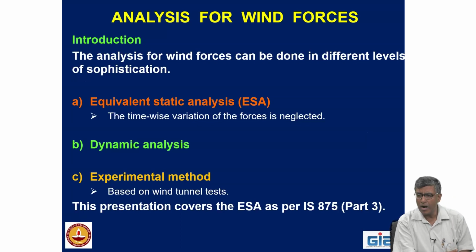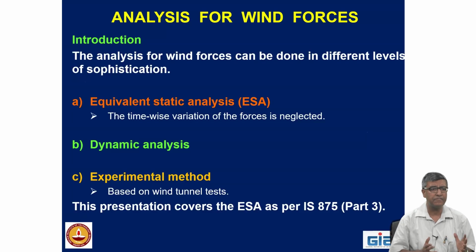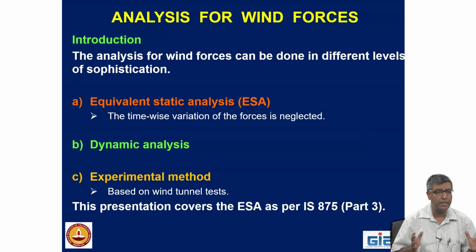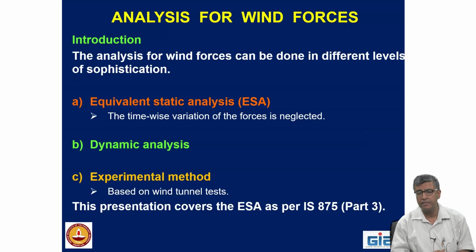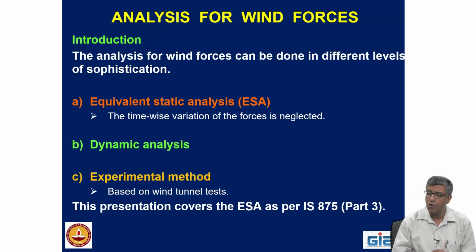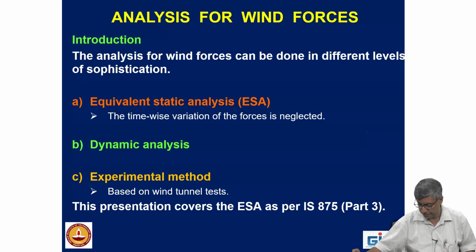And if you want to understand the interference effects of different buildings, whenever there's a cluster of buildings, say in the downtown area of a city, then you have to go for the experimental method, which is based on wind tunnel tests. Now, today we are covering only the equivalent static analysis as per IS 875.